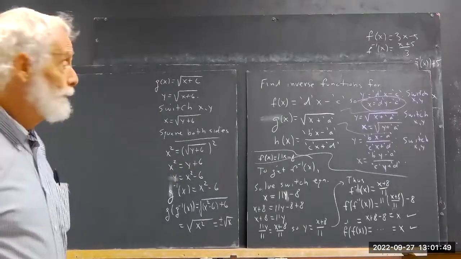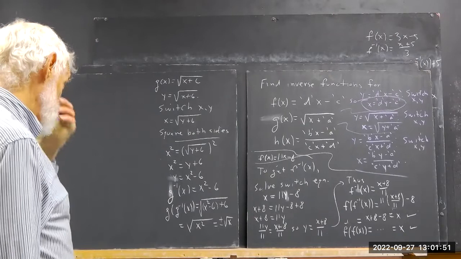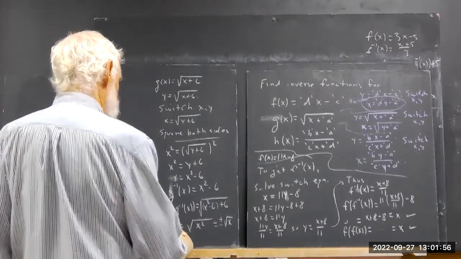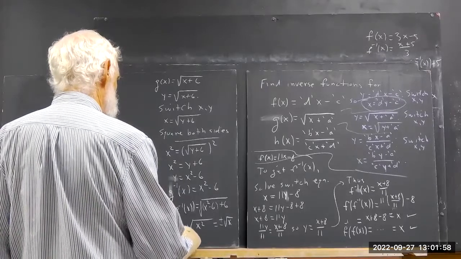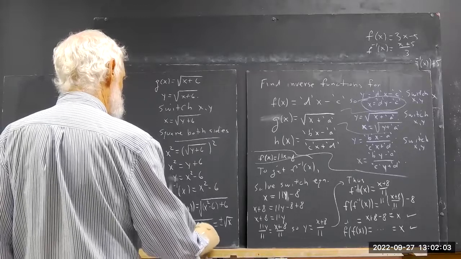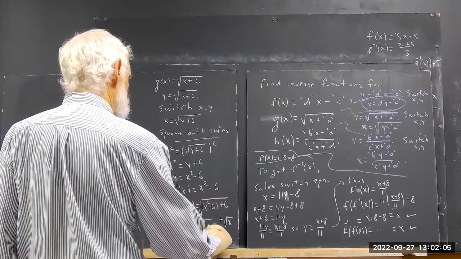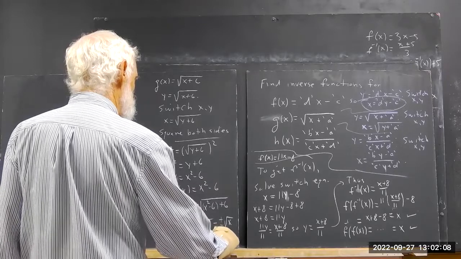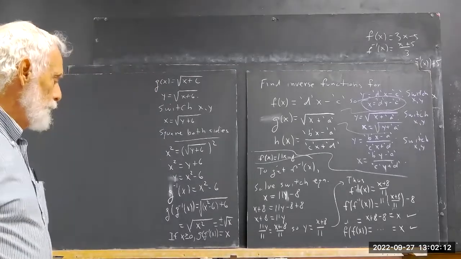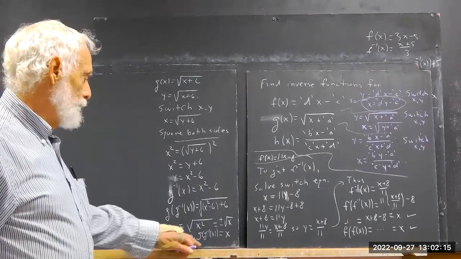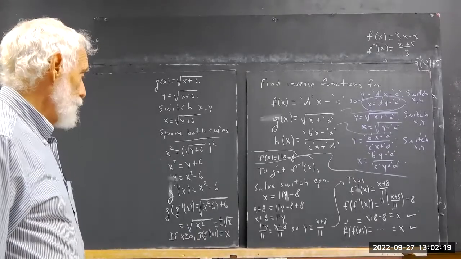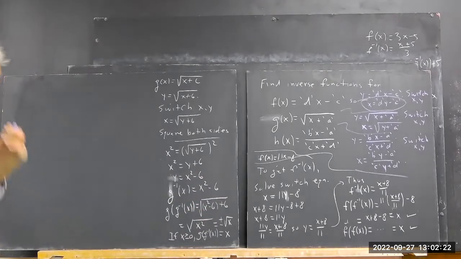Okay. If x is greater than 0, g of g inverse of x equals x. And you can do a little reasoning to see why the minus doesn't work.